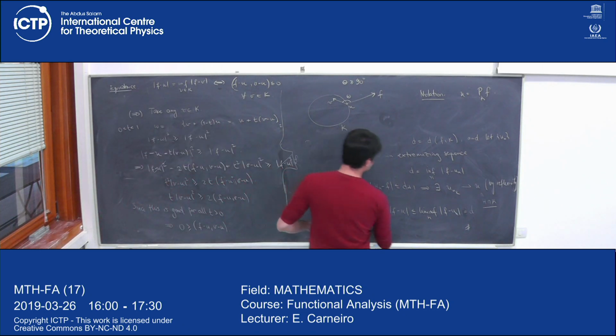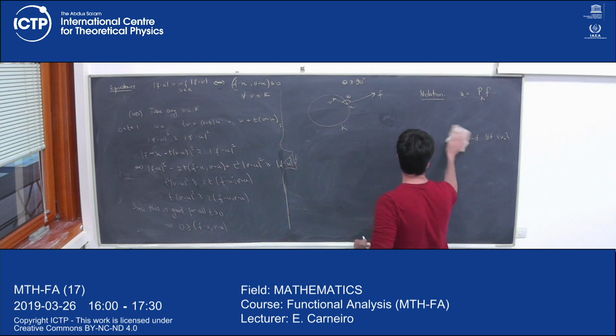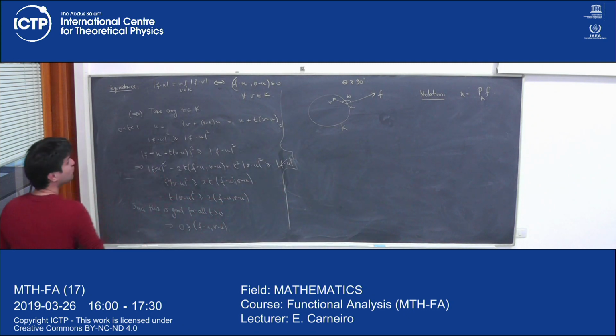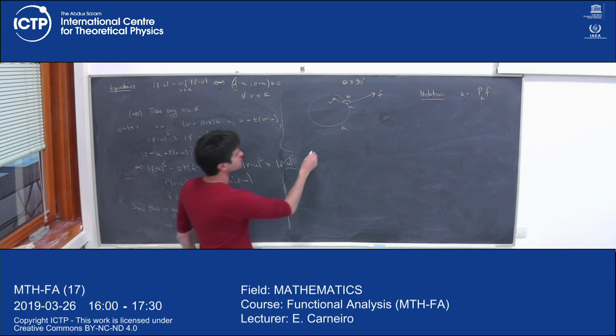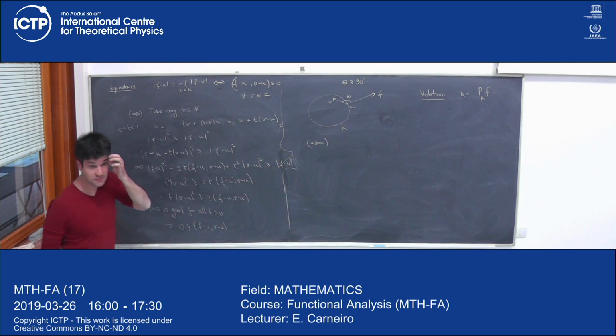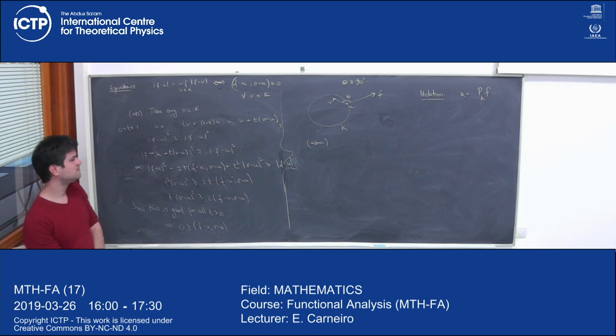The other side is, we proved this. Now let's prove the other way around. So assume this holds for all v's, and let's try to show that u is the minimum. Well, how do we do that?